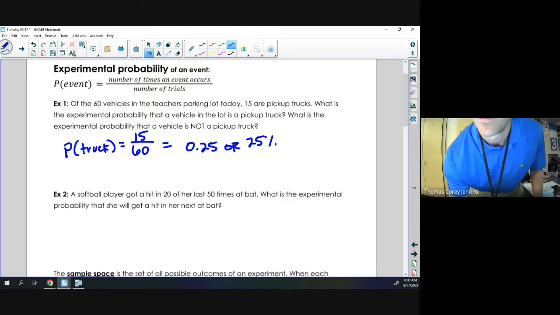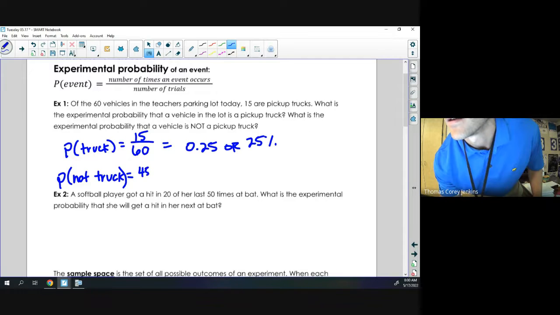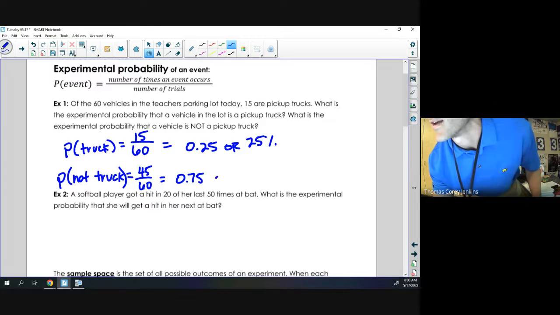So then the probability that it would be anything else, or you could say not truck, would be the rest of the cars, right? So 45 out of the 60, or 75%.